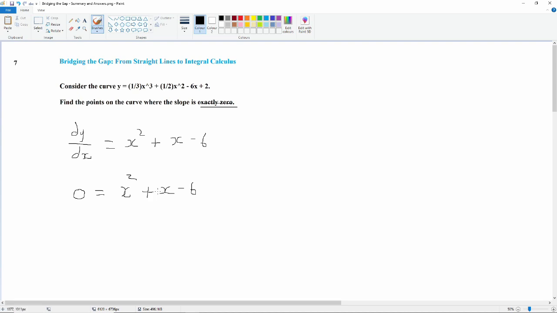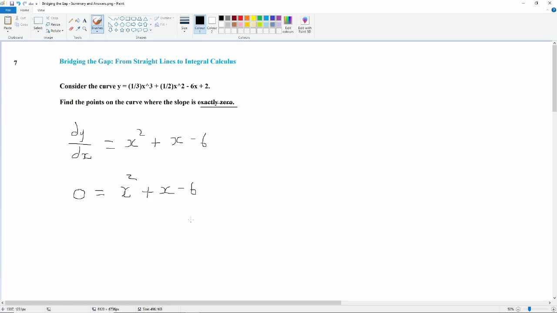So we've got a straightforward quadratic equation here. We're looking for two numbers that multiply together to give negative 6 and add together to give 1. So again, we're looking at 3 and 2. They've got to be opposite signs, but this time the bigger number needs to be positive because the x term is positive.